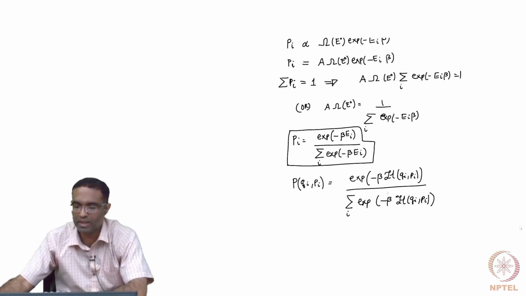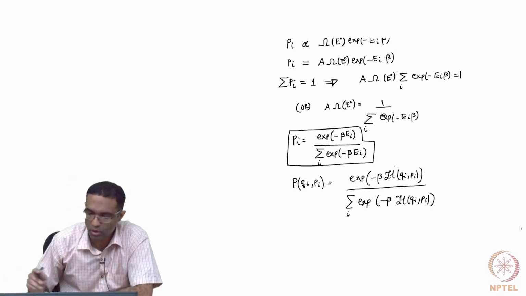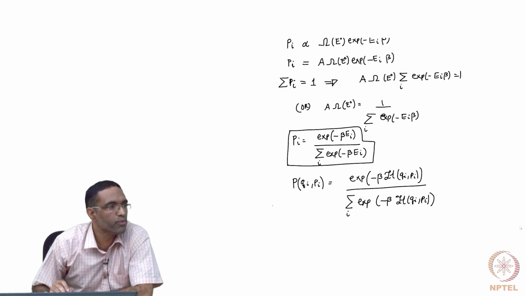Okay, this is the actual probability. So this is the probability that you find qi pi, right?